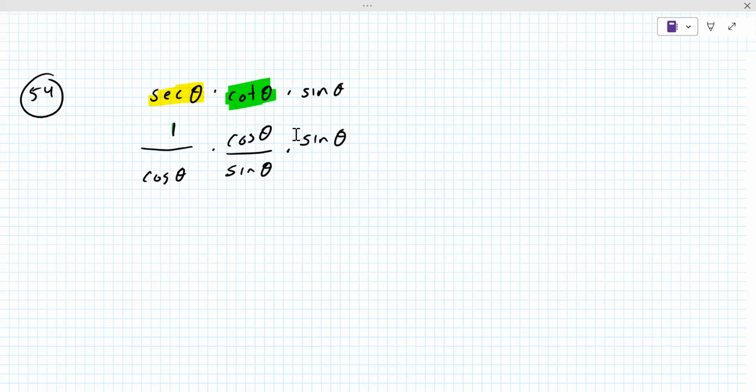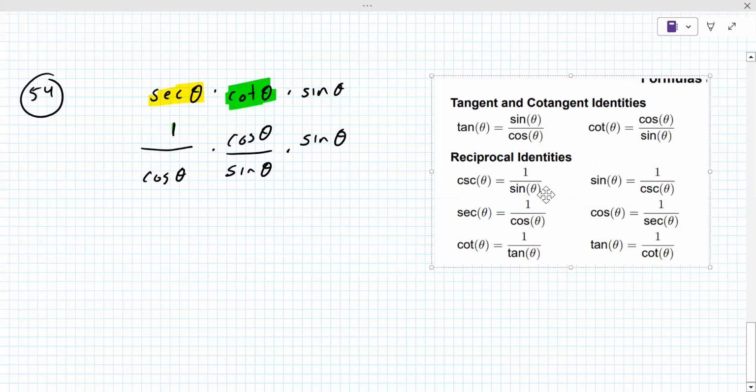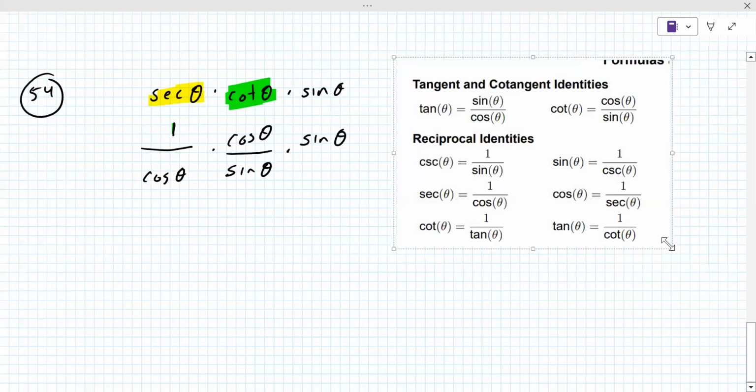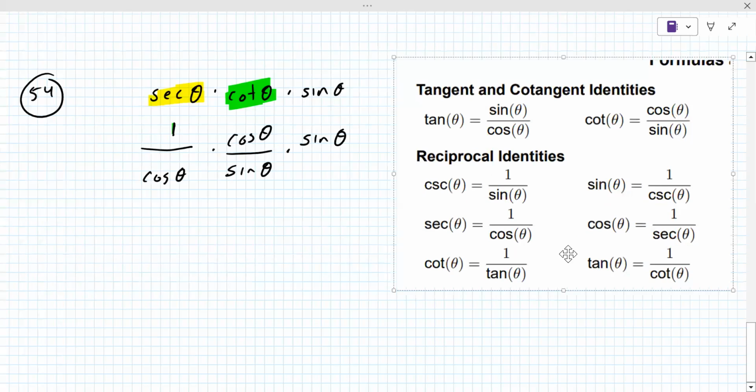How did you get 1 over cosine? That's a reciprocal identity. Everything that we're doing here is coming from this block, these two. The challenge is which one do I use? It's like a puzzle in some ways, which maybe you don't like puzzles, maybe you do.